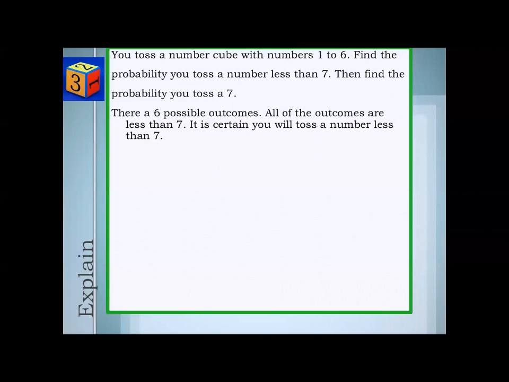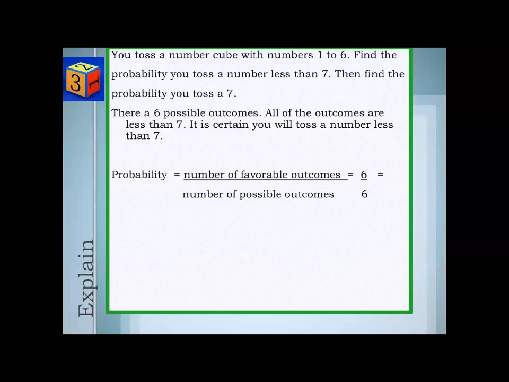All of the outcomes are less than 7. So it is certain that you would toss a number less than 7. That is certain. So the probability would be 6 favorable outcomes over 6 possible outcomes. 6 over 6, which is a whole number, which is 1 whole.